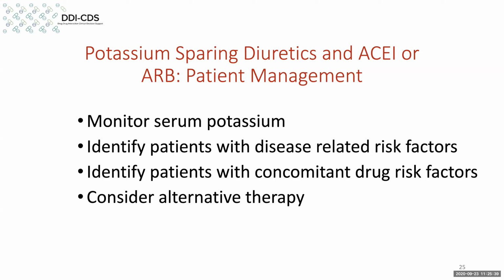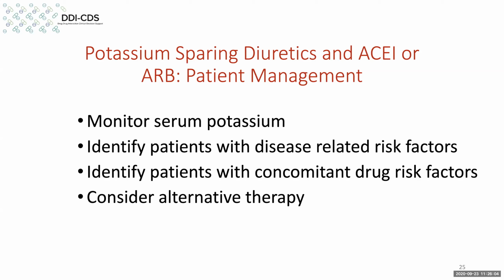Identifying patients with disease-related risk factors or concomitant drug risk factors is also really important. Those are the patients, and we've talked about those already, who really need to have the monitoring. Even in the case of an outpatient, it's probably good to have them come back and get a potassium level drawn, just to make sure that they're not slowly accumulating potassium until they get into a situation where they're going to have an adverse effect, which is what we're really trying to avoid.